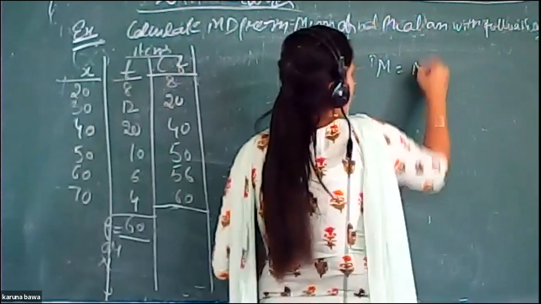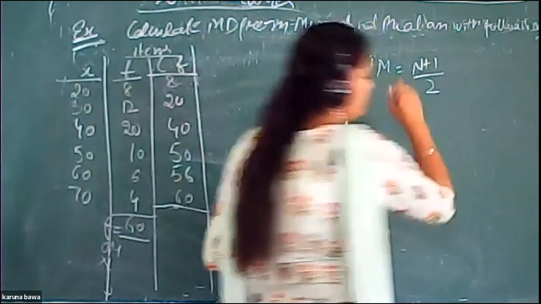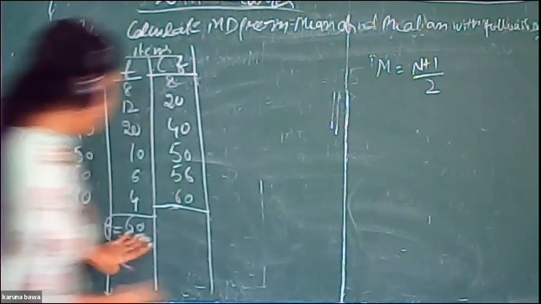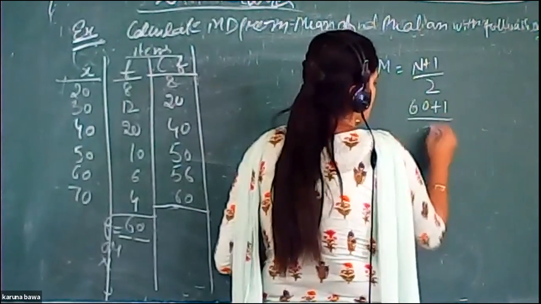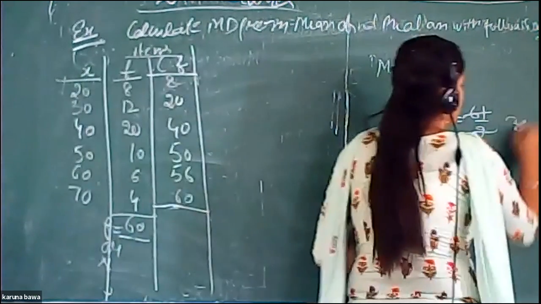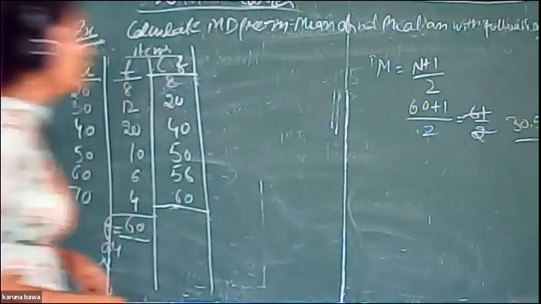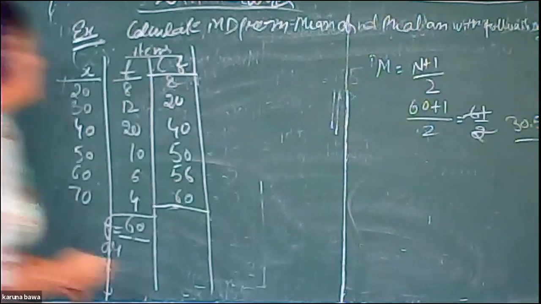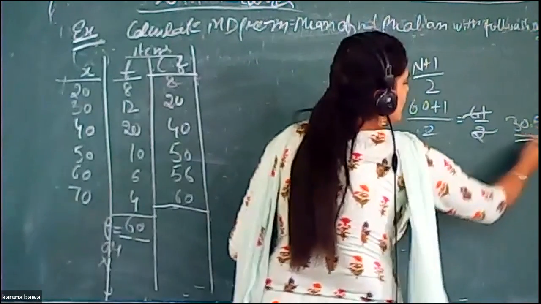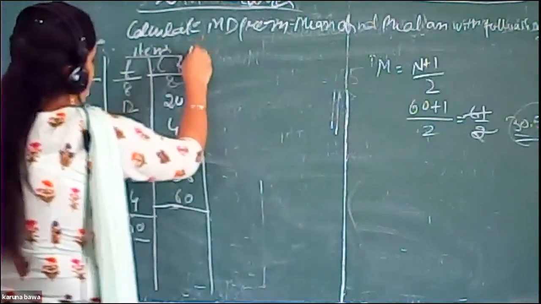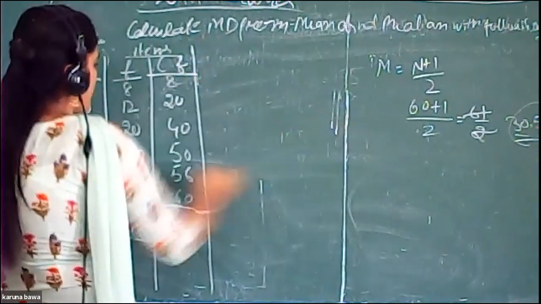As we know, median is the (n plus 1) over 2 th observation. n is the total number of observations, 60, so 60 plus 1 over 2, 61 divided by 2, gives 30.5. We look in the cumulative frequency for the first value higher than 30.5, that is 40.